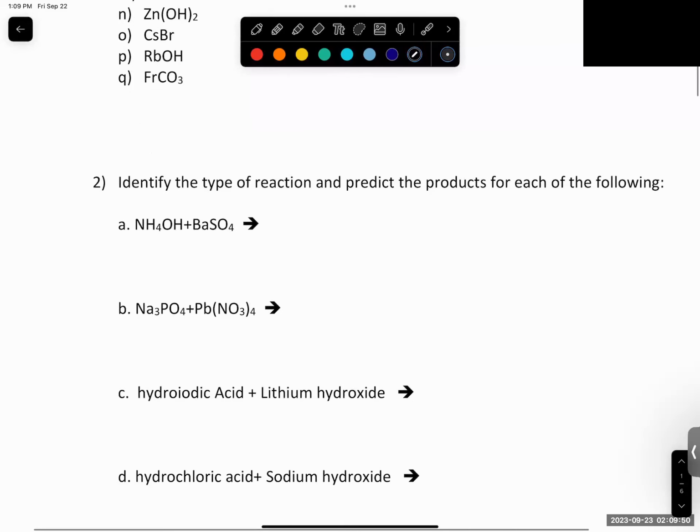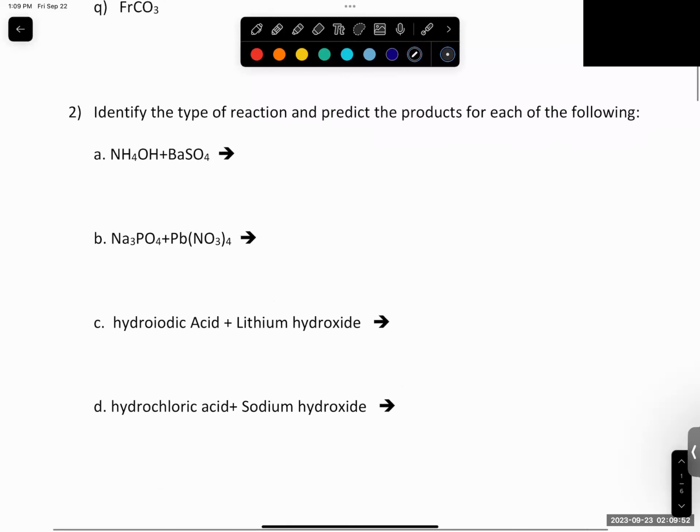All right, we're going to move on to these. We can go back to those if we so desire. Identify the type of reaction and predict the products for each of the following. David, could you do letter B?